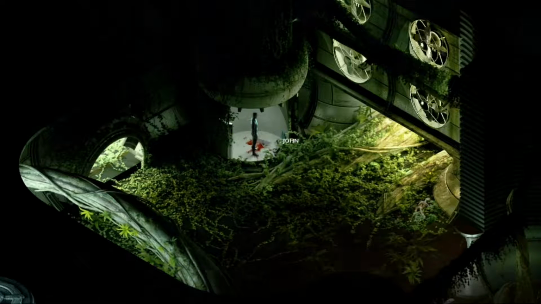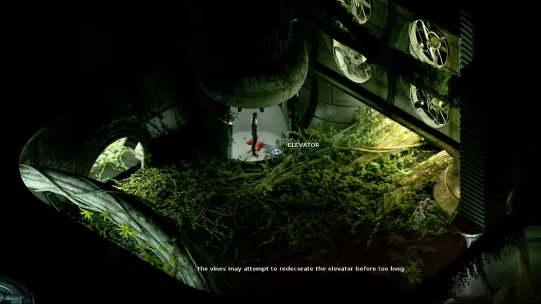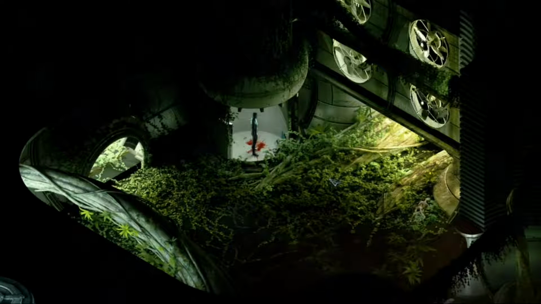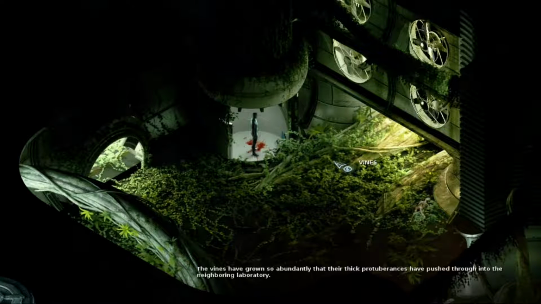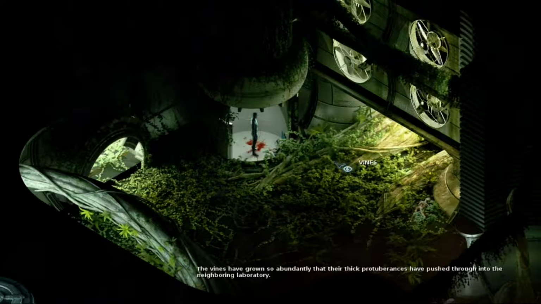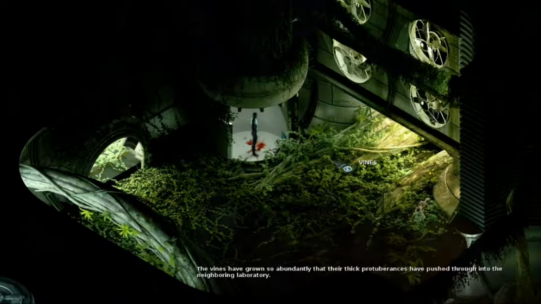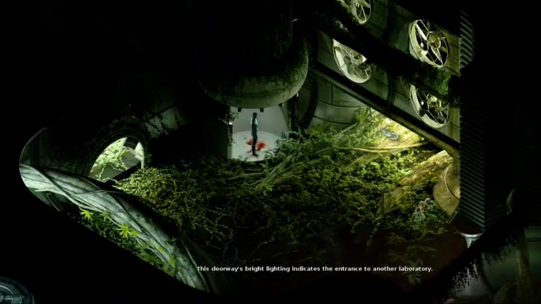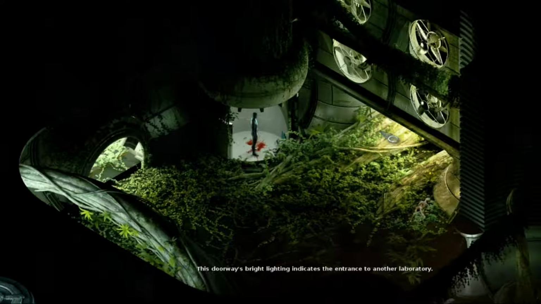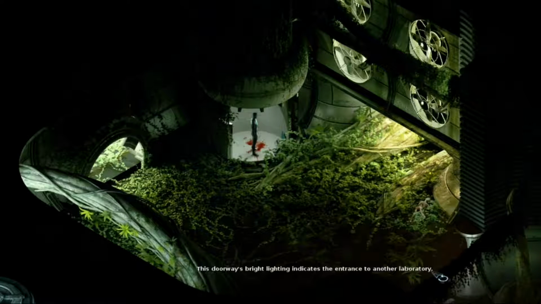Okay, so yeah. The vines may attempt to redecorate the elevator before too long, so we can go this way. The vines have grown so abundantly that their thick protuberances have pushed through into the neighboring laboratory. So the doorway bright lighting indicates the entrance to another laboratory.